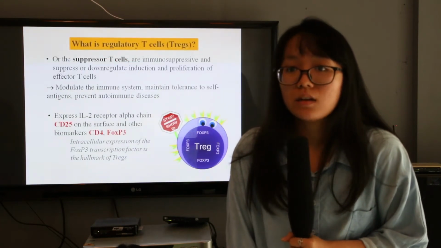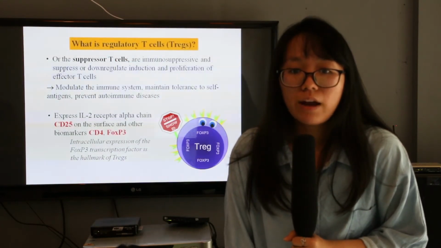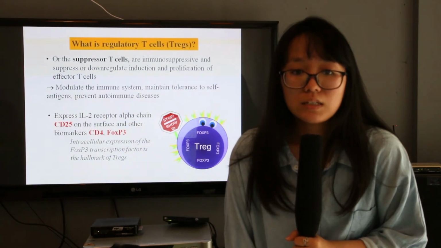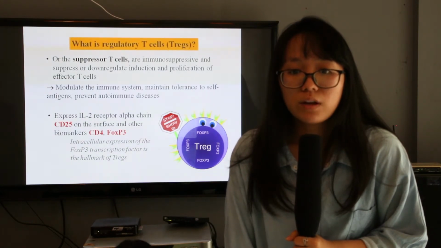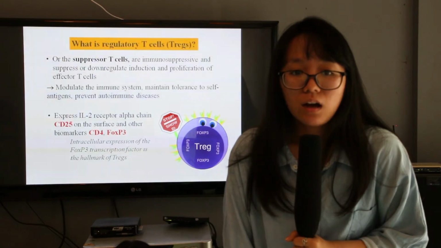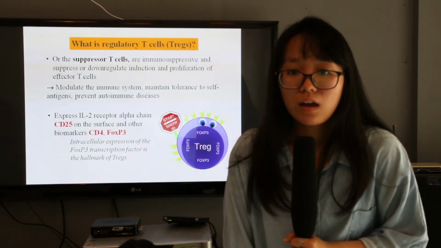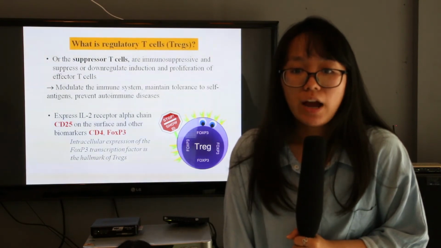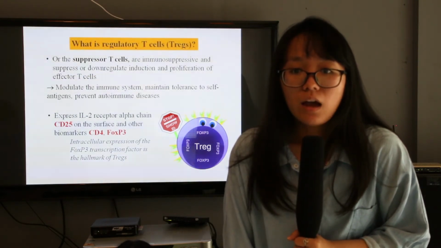As my friend had mentioned above, the regulatory T cell, formerly known as the suppressor T cell, is a subpopulation of immunosuppressive T cells that will suppress or downregulate the induction and proliferation of effector T cells. Therefore, they can modulate the immune system, maintain tolerance to self-antigen, and prevent autoimmune disease.